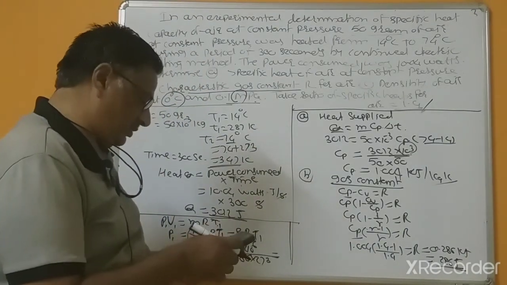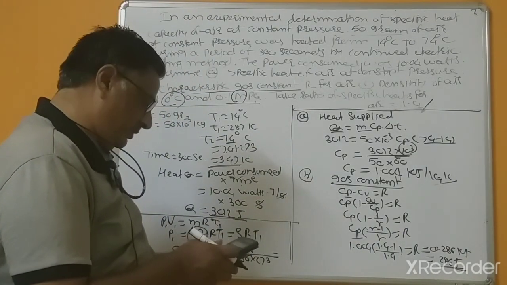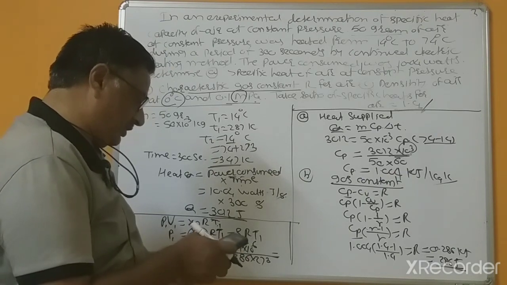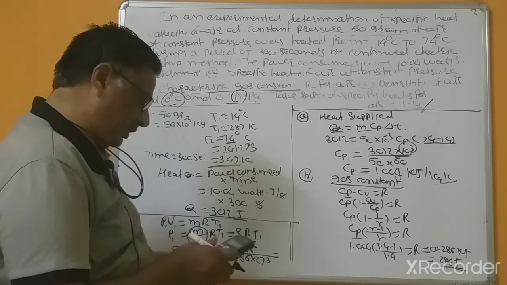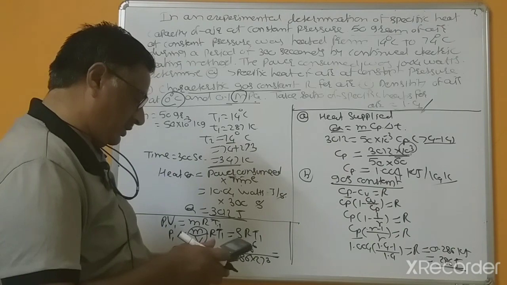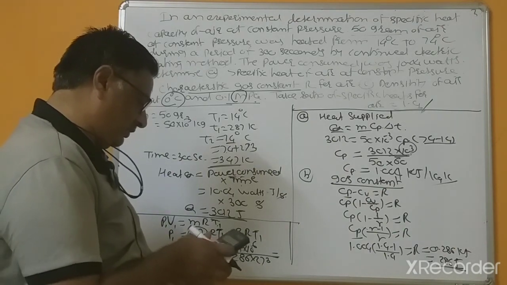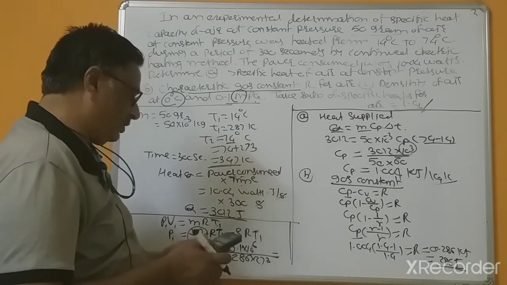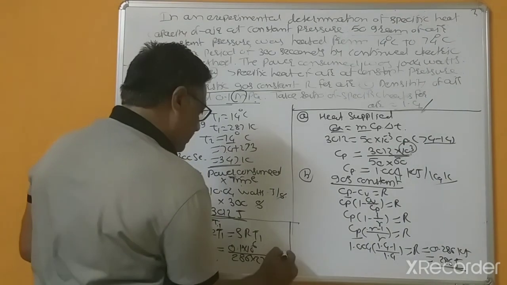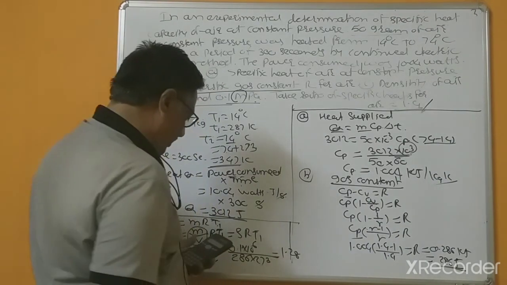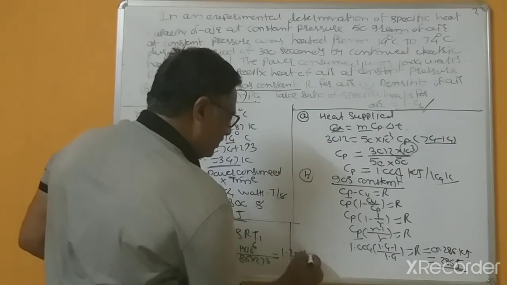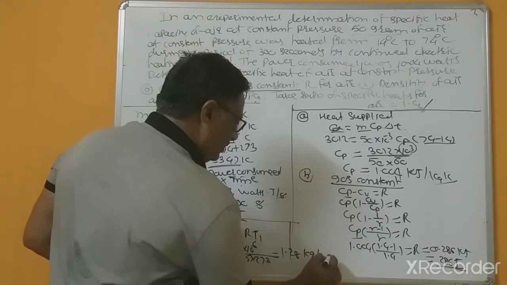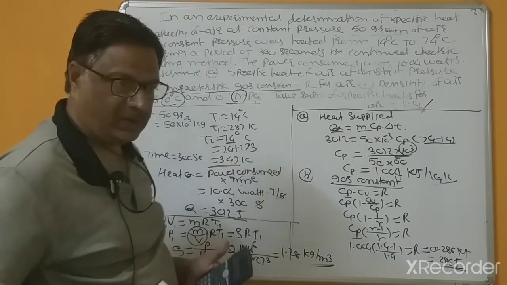So density equals 0.1 into 10 to the power 6 divided by 286 divided by 273, which gives 1.28 kg per meter cube.